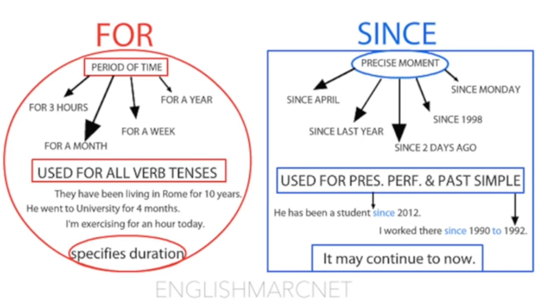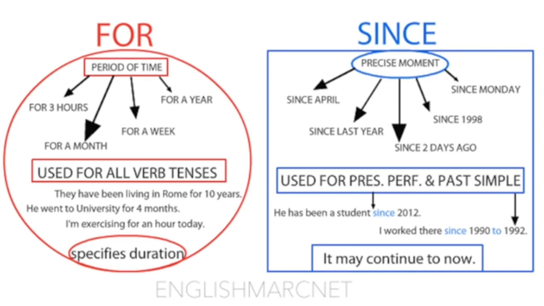Another example of the past tense, in this case: "I worked there since 1990 to 1992." So since and to: from a precise moment in time, since, up to a certain time, like in this case 1992.